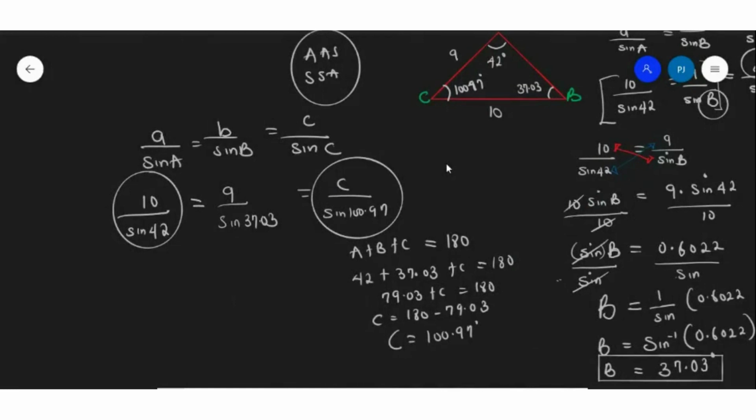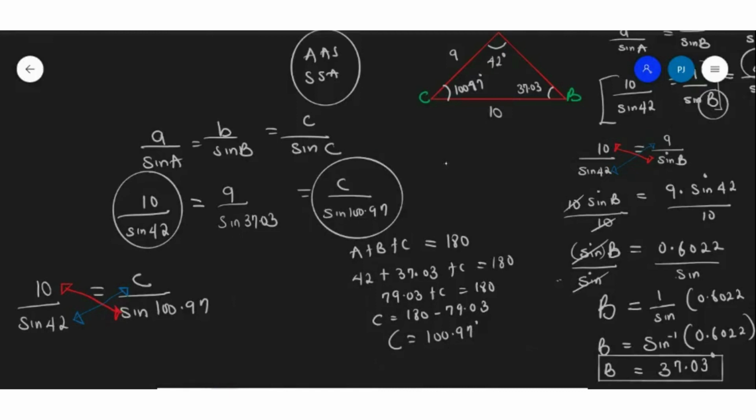Okay? So let's go ahead and solve this problem. So we have 10 over sine 42 is equal to c over sine 100.97. So let's do the usual thing that we always do. We cross multiply just to make the math easier for us.